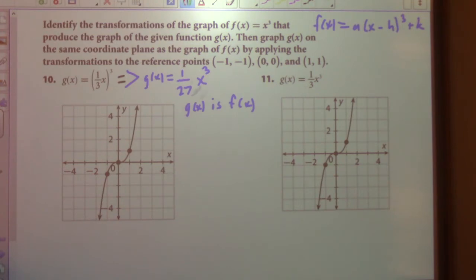Okay, well, it's being vertically stretched, or not vertical, by 1/27. Are you going to smash it down or stretch it? You're going to smash it down, right?